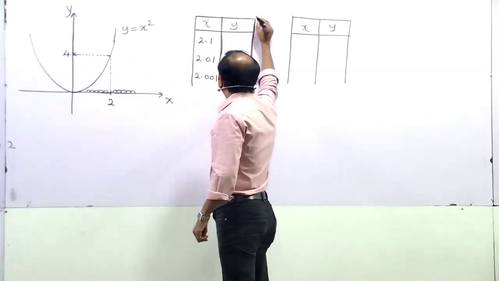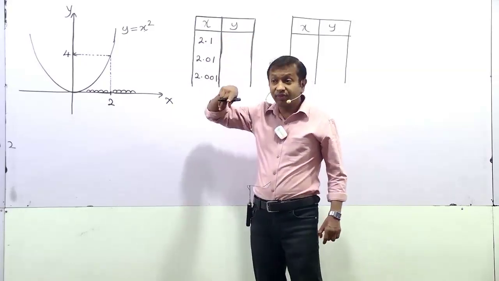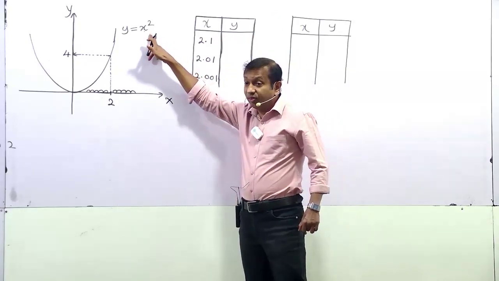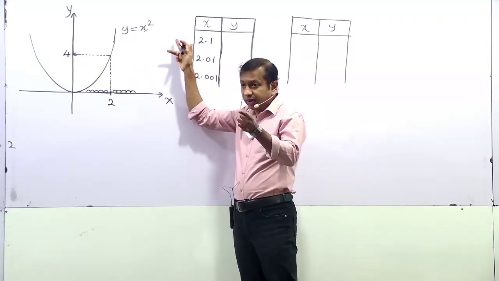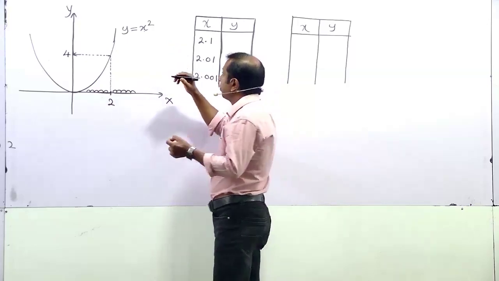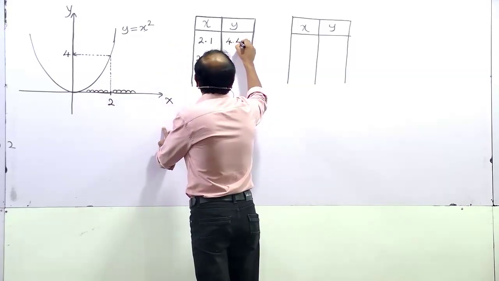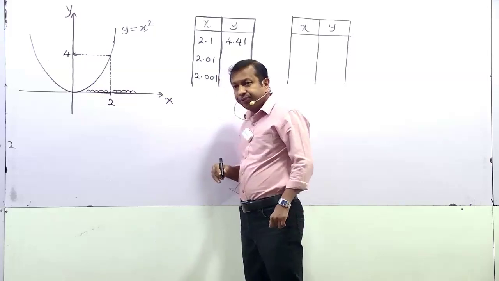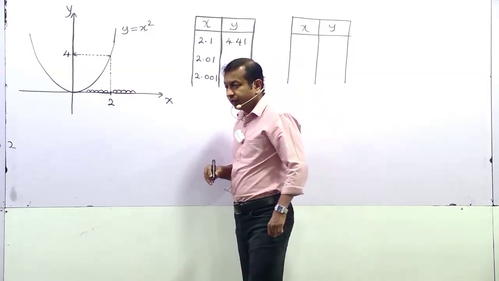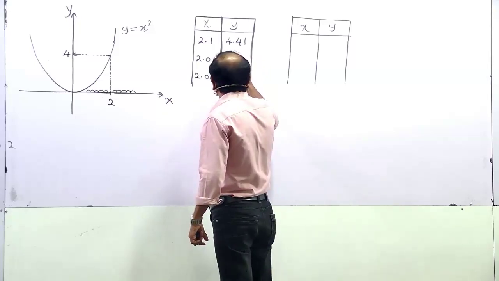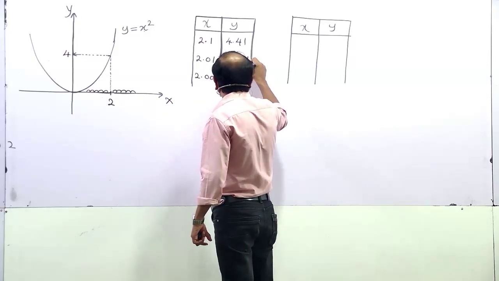First tell me when x is 2.1, what is x squared? 2.1 squared, 4.41. Yes. 2.01, 4.0401.